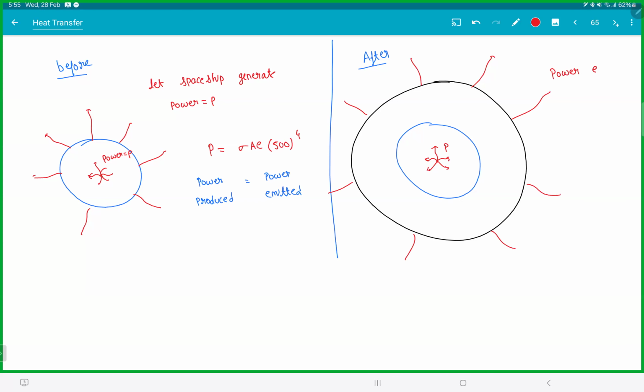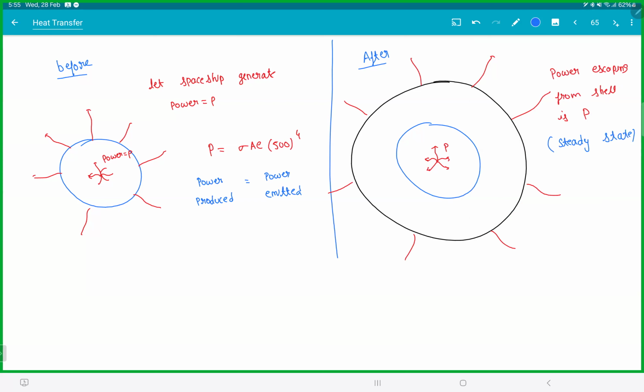Power escaping from the shell should also be P. Why? Steady state. Whatever you're producing should go out, or else temperatures will keep changing. Does everyone agree with that statement?